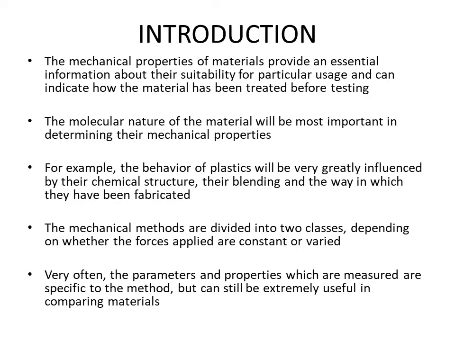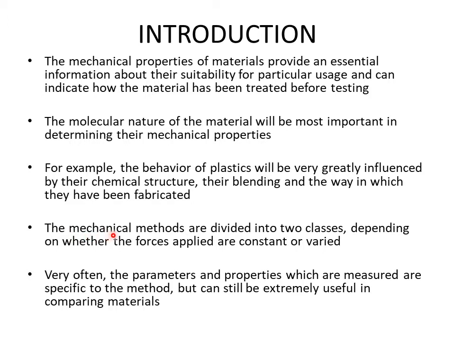Either the chains are linear or they are cross-linked, and their blending, that is, with what type of material they are mixed, and the way in which they have been fabricated, means how they are formed, what is the composition.